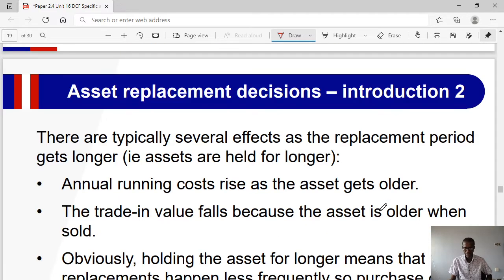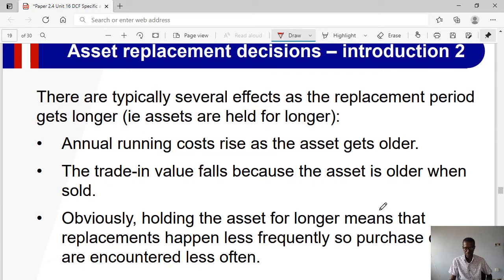With asset replacement decisions, there are typically several effects as the replacement period gets longer. So maybe the asset could be replaced in 2 years, but you decide to replace it in 3 years or even 5 years' time. There are several implications as you hold the asset for a long period.